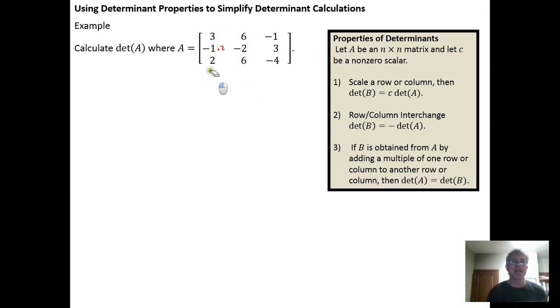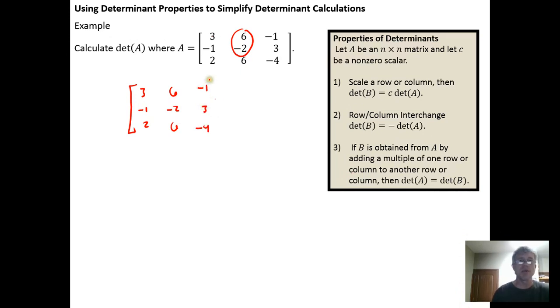So what we want to do in this instance is take our matrix A and apply elementary row or column operations, as it turns out, to introduce zeros into these two positions. We start with our matrix A, which is 3, negative 1, 2, 6, negative 2, 6, negative 1, 3, negative 4.